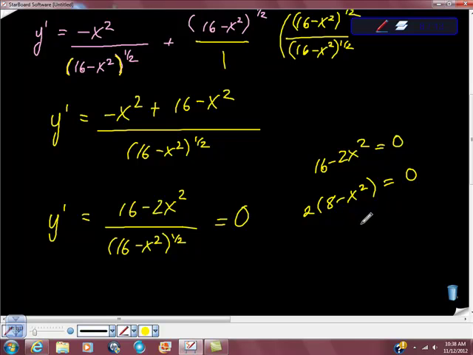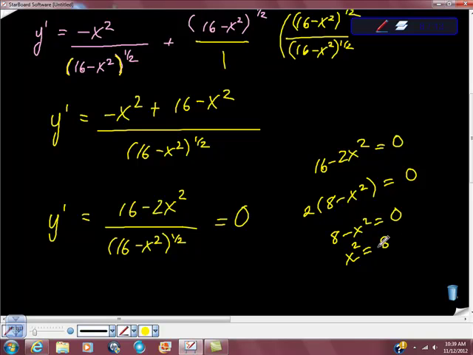Now this is what gets really kind of weird for a second. I wonder if you can see this. 8 minus x squared equals 0. That's our factor, isn't it? So x squared equals 8.